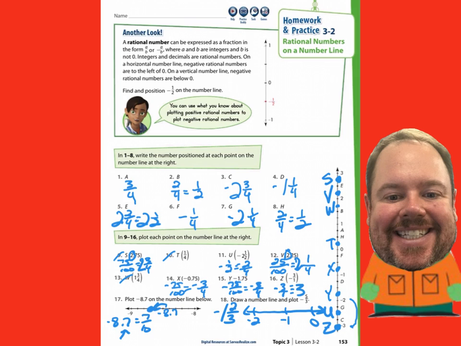Well, we need 3 spaces, which means 2 lines. So I have negative 1, negative 1 1/3, negative 1 2/3, negative 1 3/3. Oh, 3/3 is 1, so negative 1 3/3 is the same thing as negative 2. But we're going to mark negative 1 2/3, which is the same as negative 5/3.